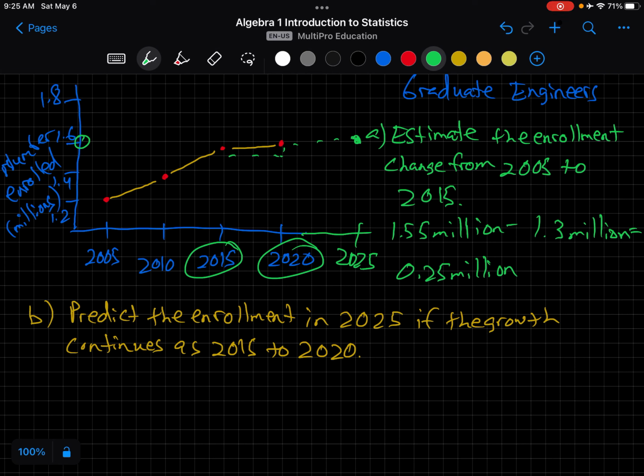So if we take 2020 and subtract 2015, so we look at this and at 2020 we have 1.6 million minus 1.55 million. That's equal to 0.05 million.